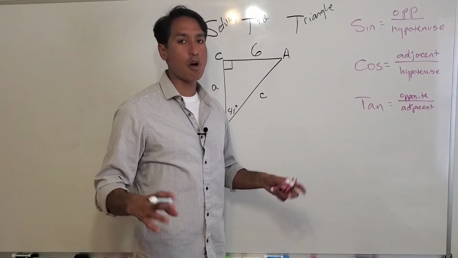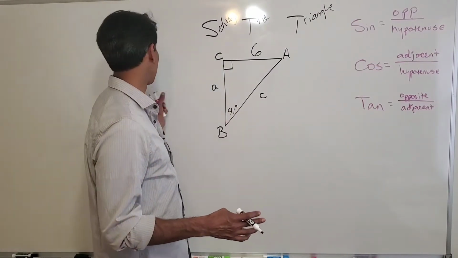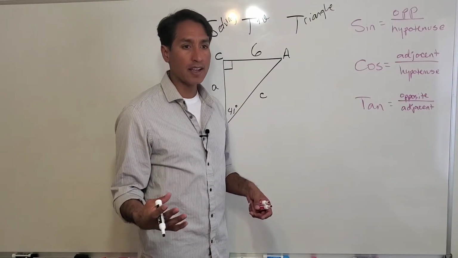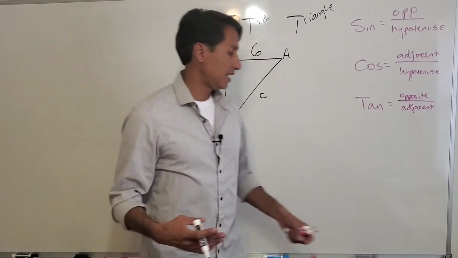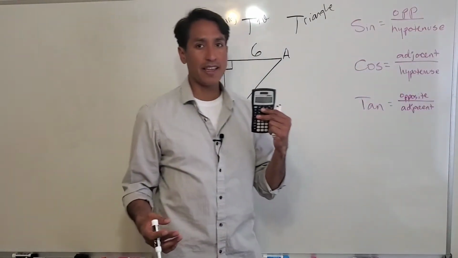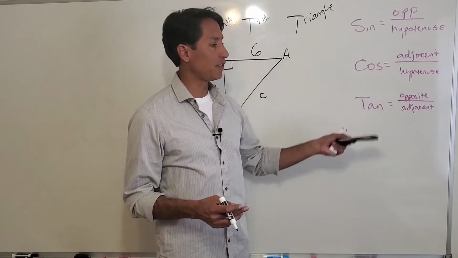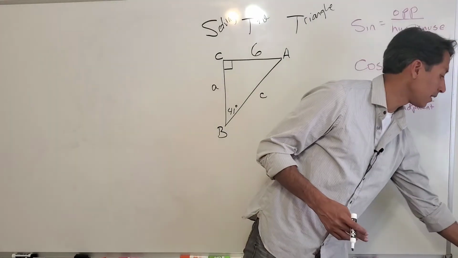Up until now, all we've done is solve these things based on lengths, but now we're going to use some of the angle measurements and then keep on solving. The one thing that you're going to need is a calculator, because the calculator does a lot of the work for you when it comes to solving these ratios.